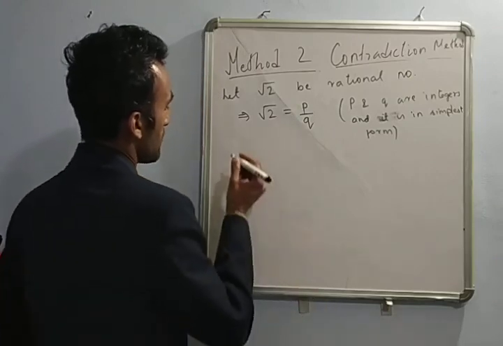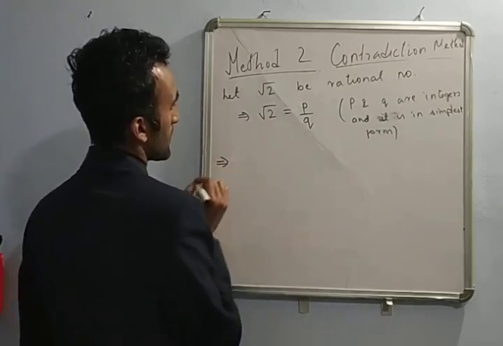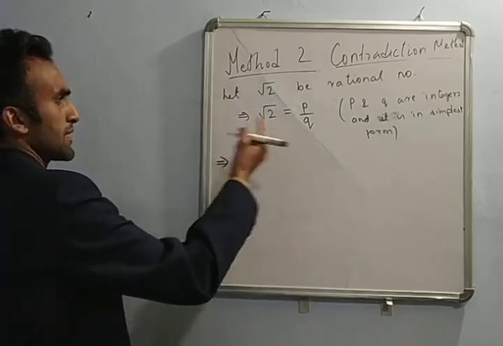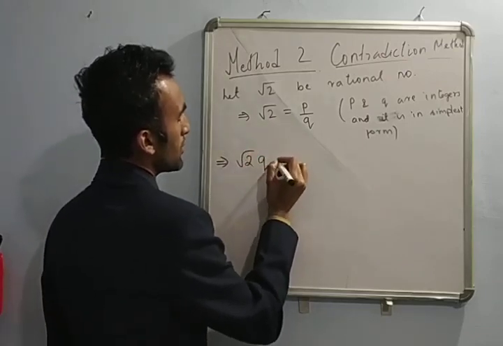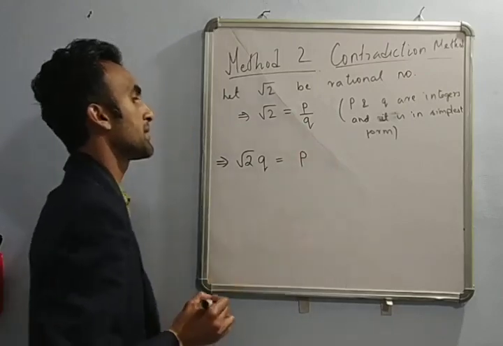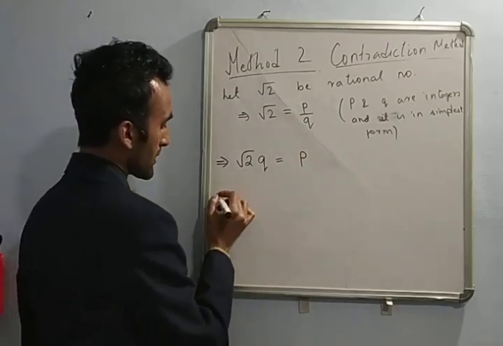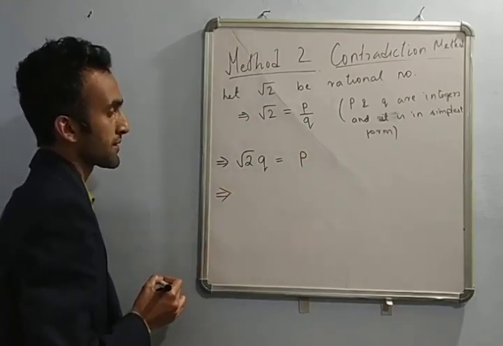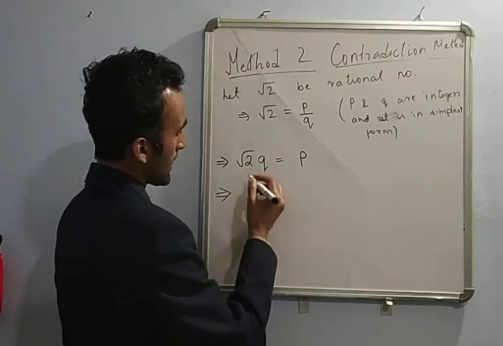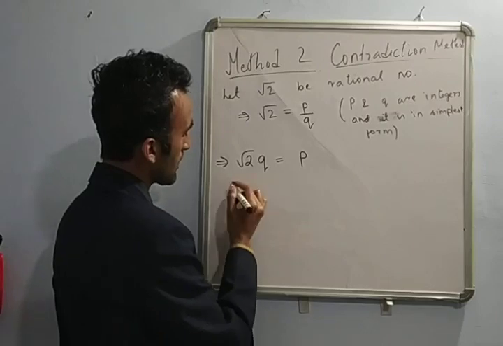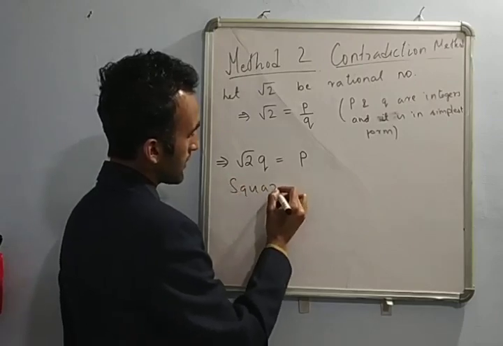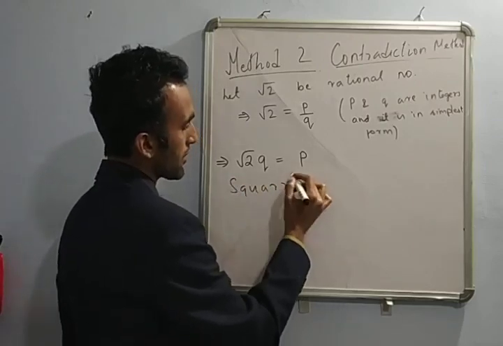Now what will I do now? I will just cross multiply this one. Square root of 2 into Q equals P. Till here clear? Now suppose I want to remove this square root, so I'm squaring both sides. Remember, I'm doing a very important point for you.